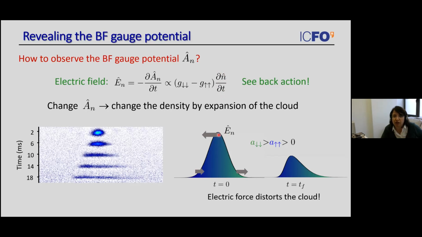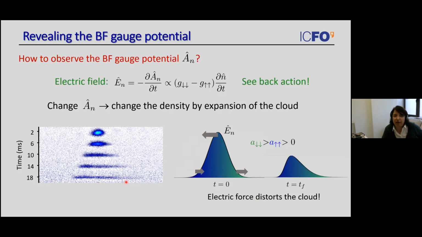So you get an electric field in this direction for the peak, and an electric field in the opposite direction for the edges, and these two would also be of different magnitudes. So you will get a distribution of different electric forces over the cloud, and that will skew your distribution and distort the cloud, making it asymmetric.